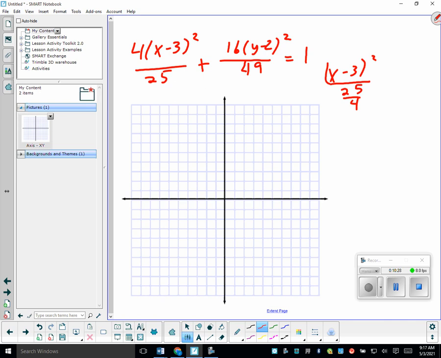And what is this one going to be? y minus 2 squared over 49 over 16? Yeah. And now it's much easier to do, isn't it? And it's equal to 1. What is my center? 3, 2. Okay.